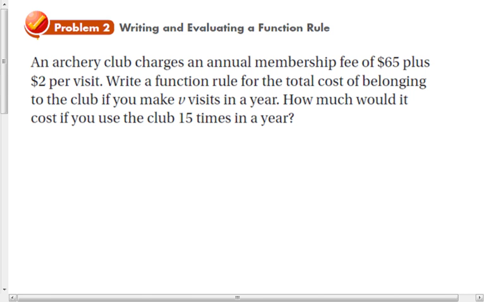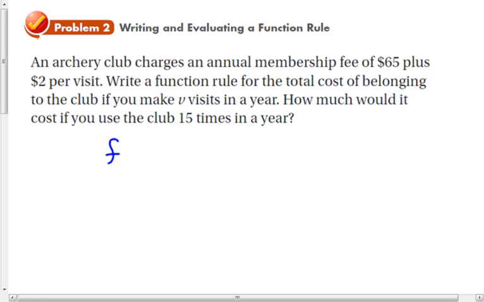Okay, this one we're going to write the function rule and then we're going to evaluate it. So an archery club charges an annual membership fee of $65 plus $2 per visit. The function rule for the total cost of belonging to the club if you make V visits per year. So we need a function that represents the membership fee. So let's use F for fee, which a lot of times you'll see functions written with F anyway as a general rule.